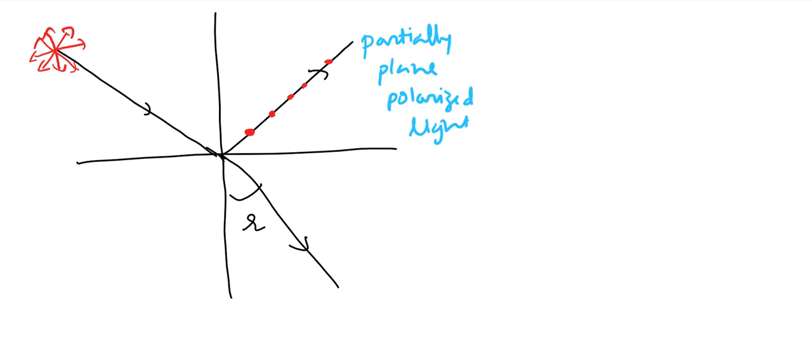So the electric field vectors which are oscillating in this manner, what are these dots suggesting? Dots are suggesting that electric field vectors oscillating in the plane perpendicular to the screen are present in the reflected light, whereas here both components are present.